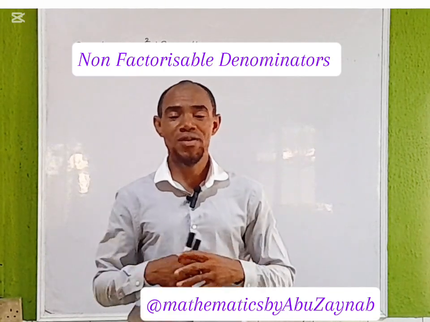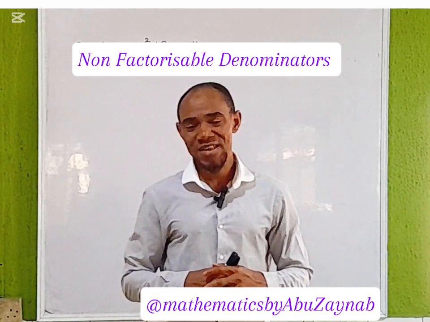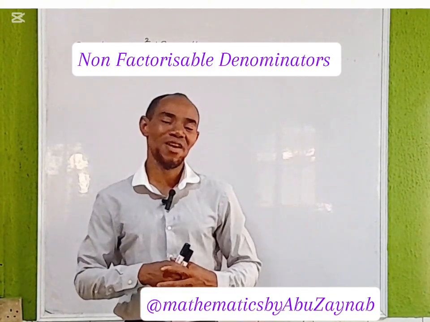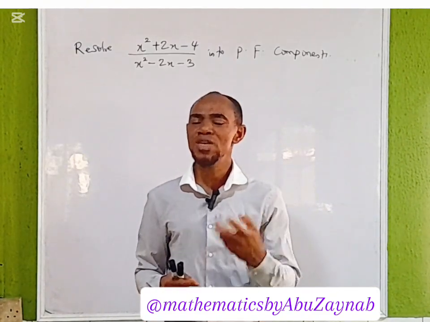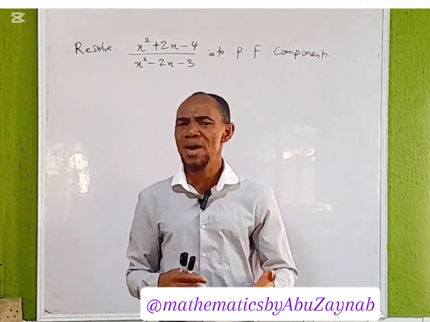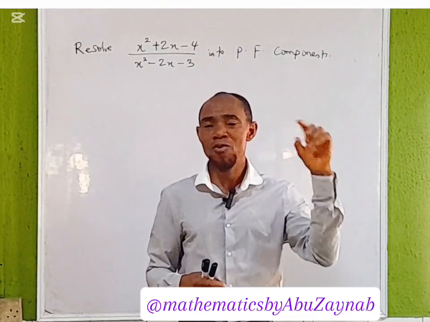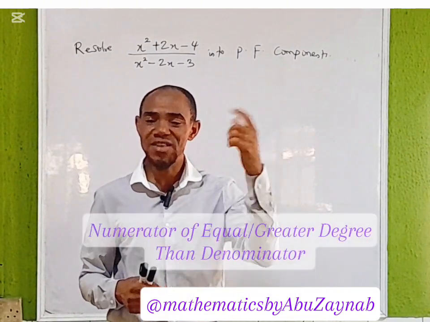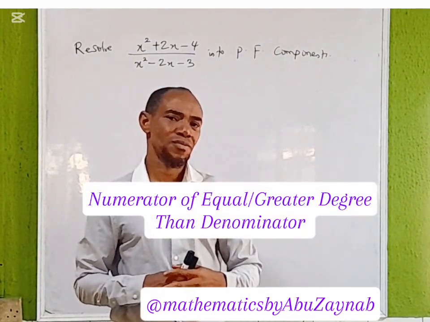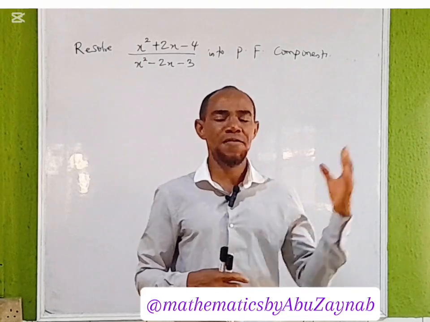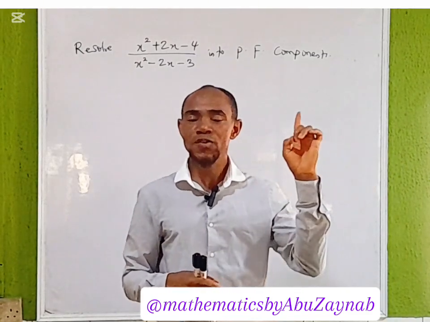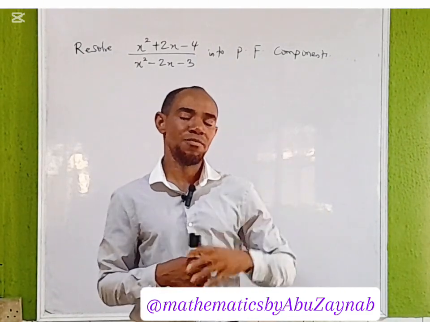Today's lesson, which promises to be fun, as I said earlier on, is looking at a rather unique case of partial fraction, whereby the numerator is either of equal or greater degree than the denominator. If you are very observant, in the first 3 cases, the numerator always comes with a lesser degree than the denominator.